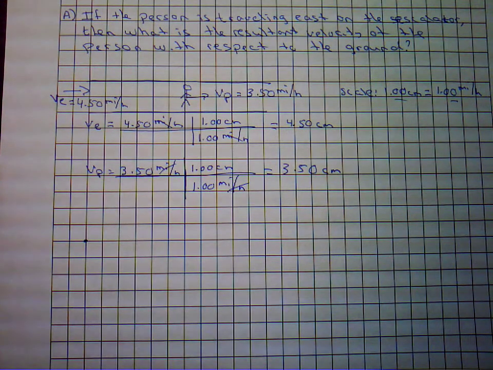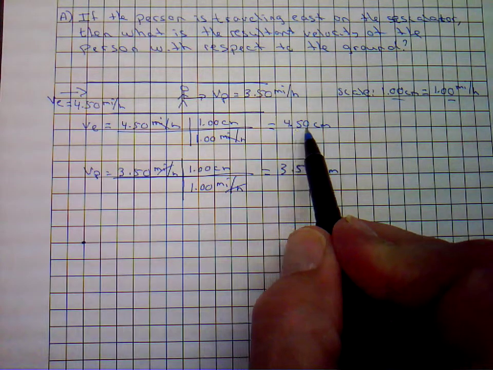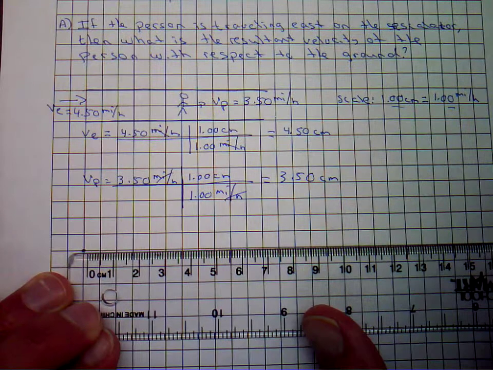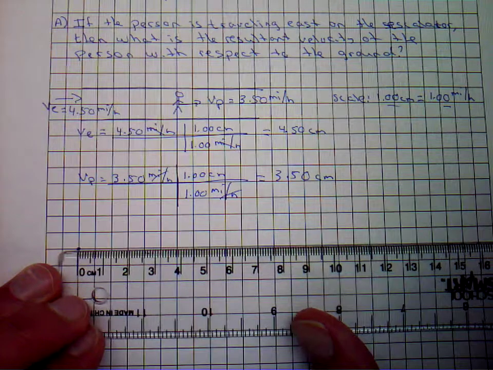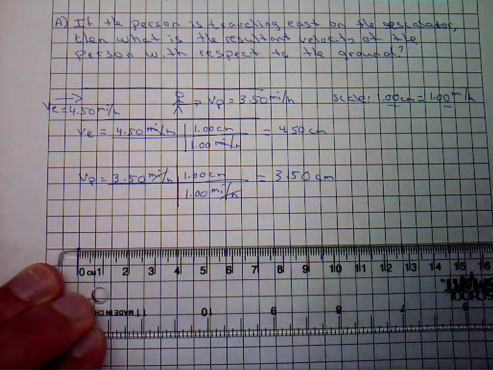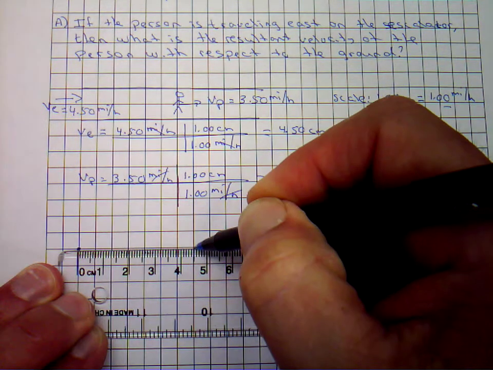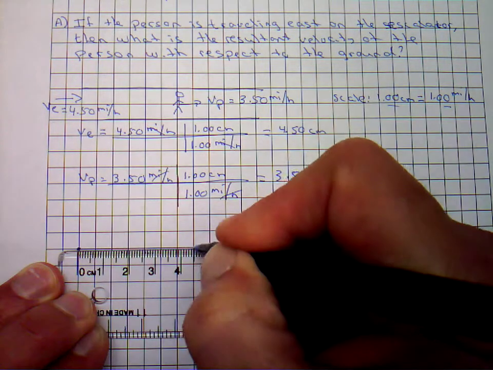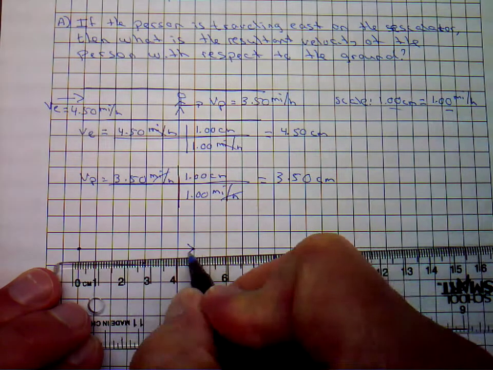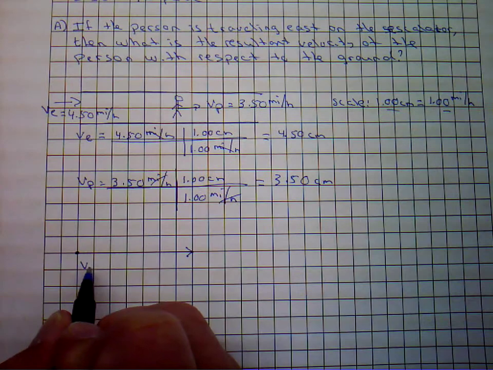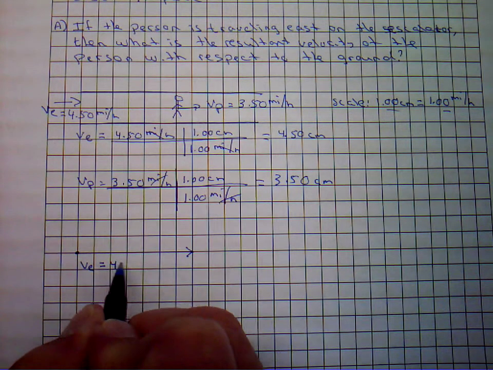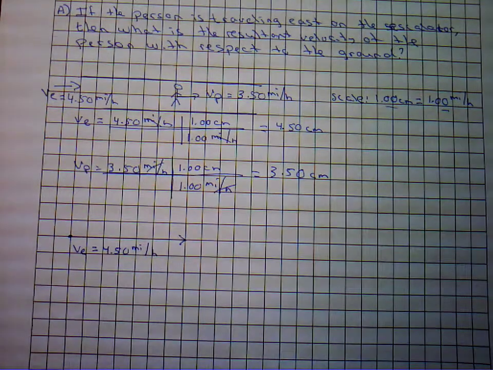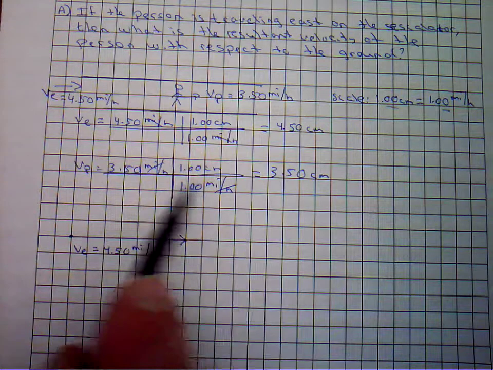Since our escalator vector is represented by 4.50 centimeters, which represents 4.50 miles per hour, we put our ruler up here, and we start the 0 right on our reference point, and 4.50 centimeters is going to be here. We draw that vector as accurately and precisely as we can, and all vectors are represented by an arrow. So this is the velocity of the escalator, which is 4.50 miles per hour.